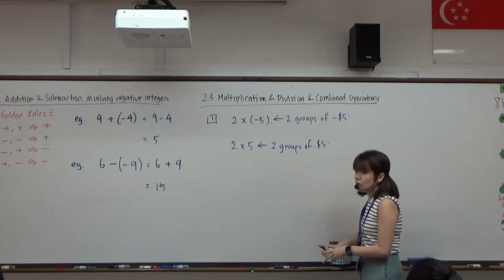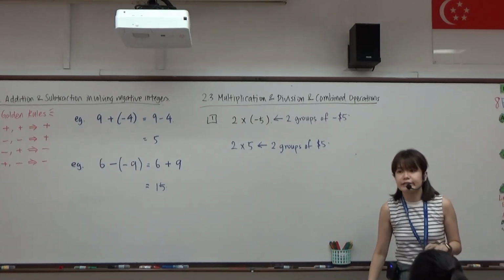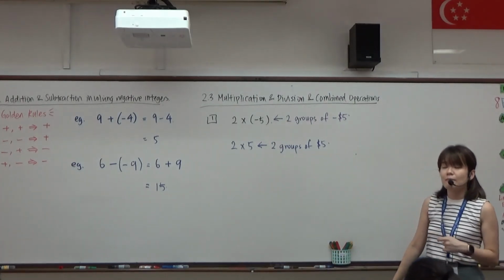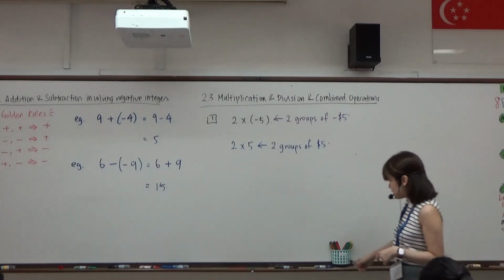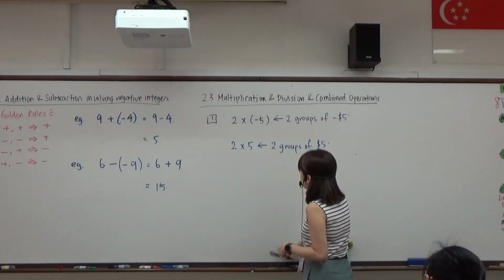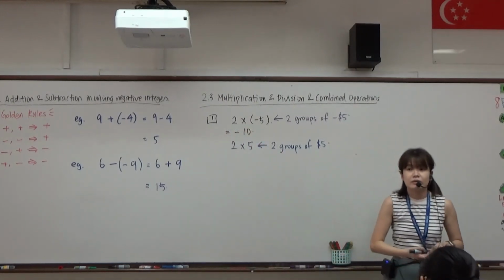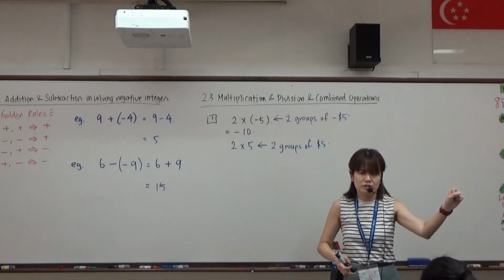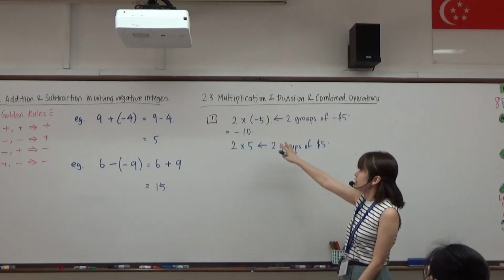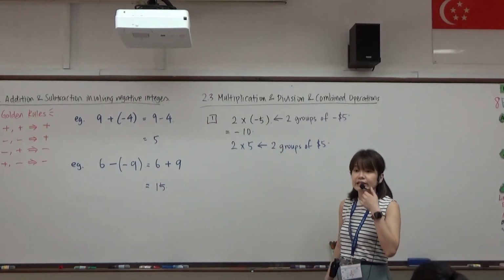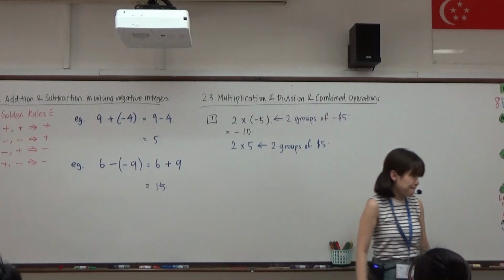So you owe 2 groups of people $5. In total, how much do you owe? $10, and we write our answer as negative 10. So 2 times negative 5, we get negative 10.